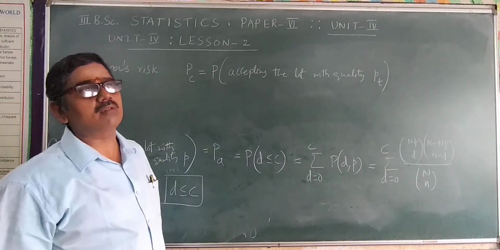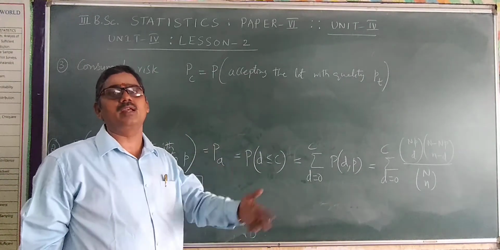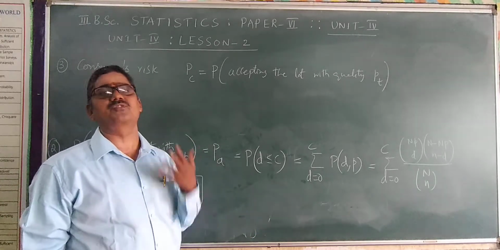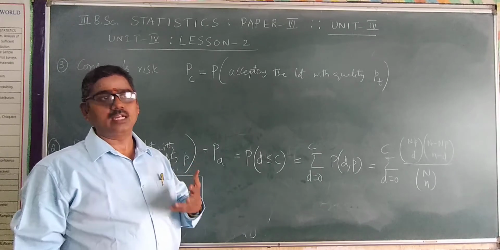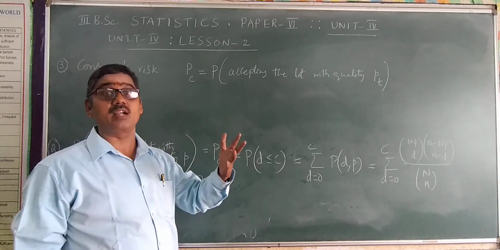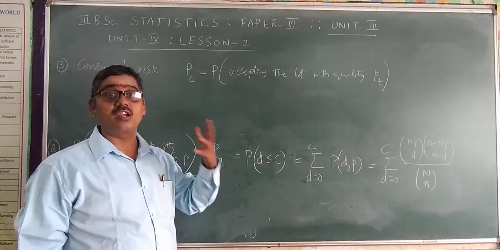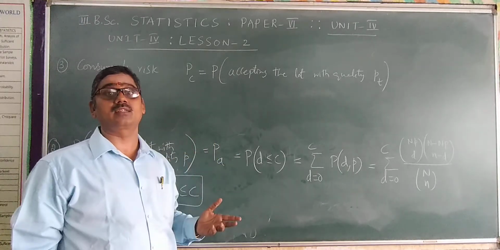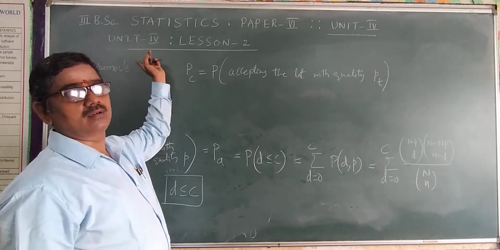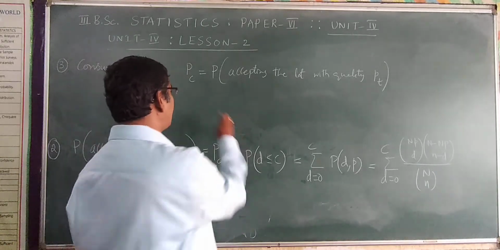PT is the maximum tolerated proportionate number of defective items. After this particular level, with more defective items, the lot should be rejected. Whenever it is accepted, that is the risk of the consumer. That is the terminology we have used.